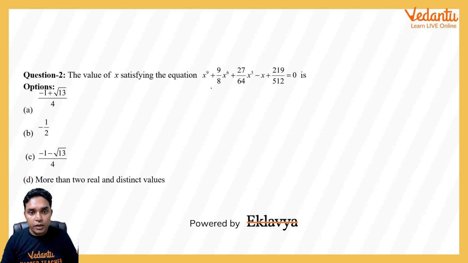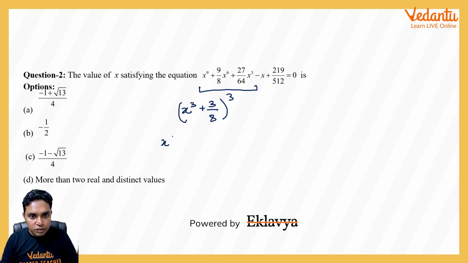If you look closely at these expressions, you can see the first three terms are such that they can be used to make a perfect cube: (x cube plus 3 by 8) whole cube. You can see the whole cube of this will be x power 9, then 3 into 3, 9 upon 8 x power 6, and then 3 into 9, 27 upon 64 x cube.